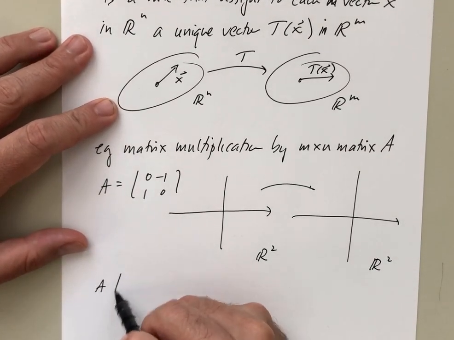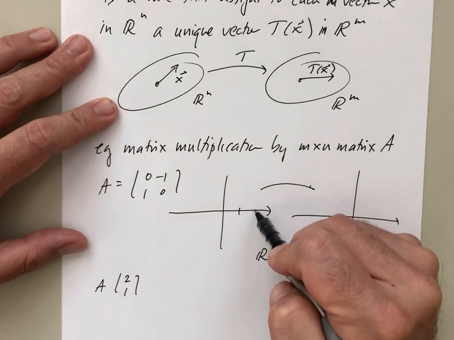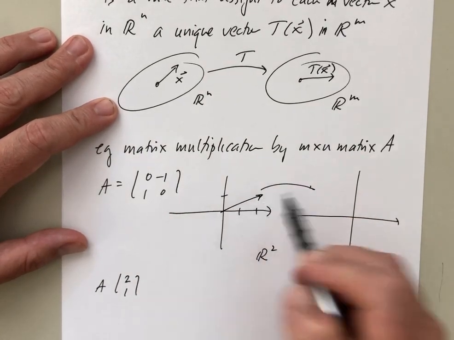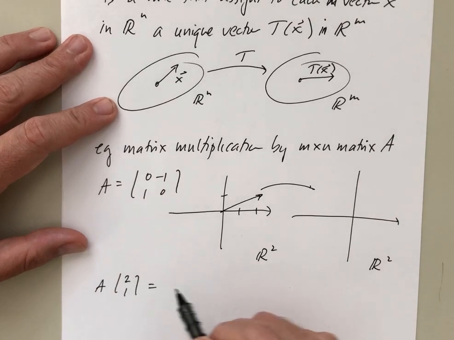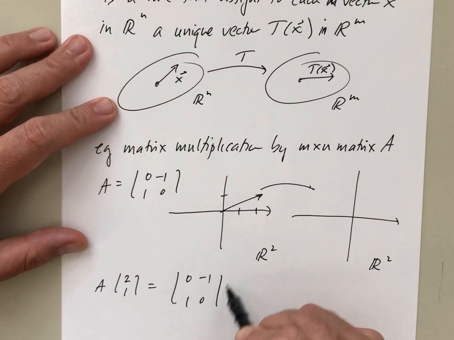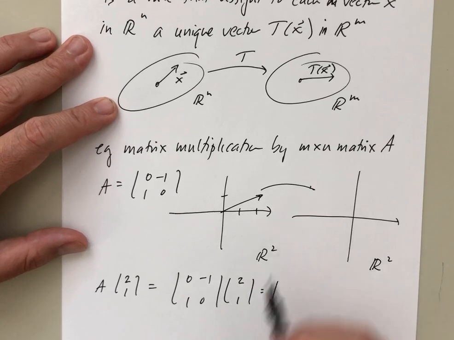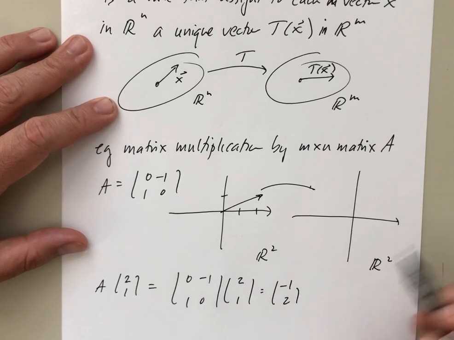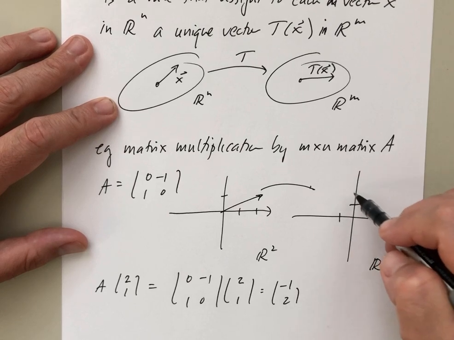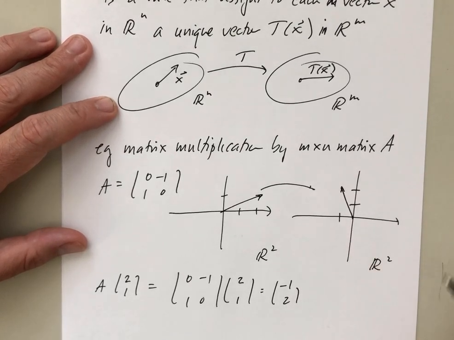If I took A times 1, 2, that's this vector here. What does it do? Well, I multiply the matrix times that vector, and I get a vector with 2 coordinates, and the first entry is minus 2 and then 1. So it gets sent over to this guy here, okay?